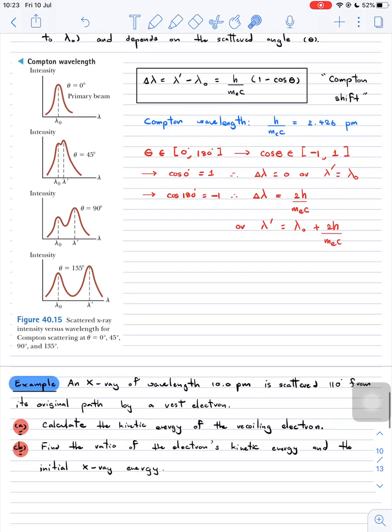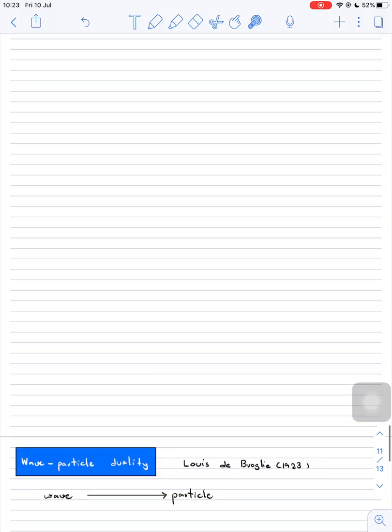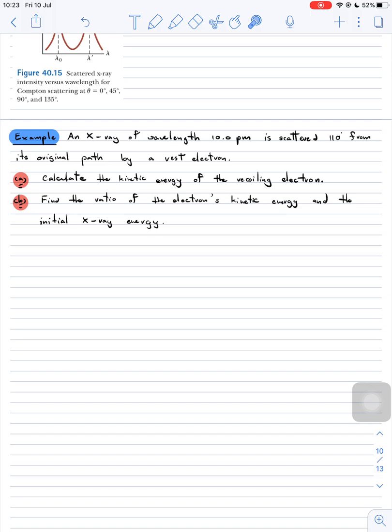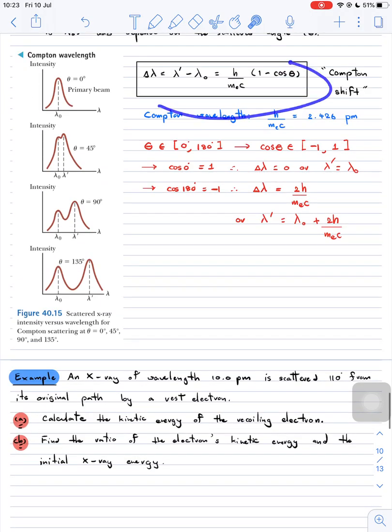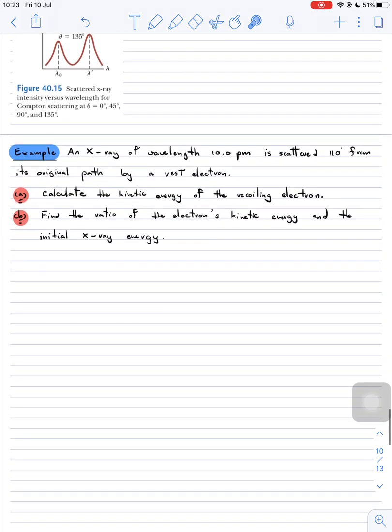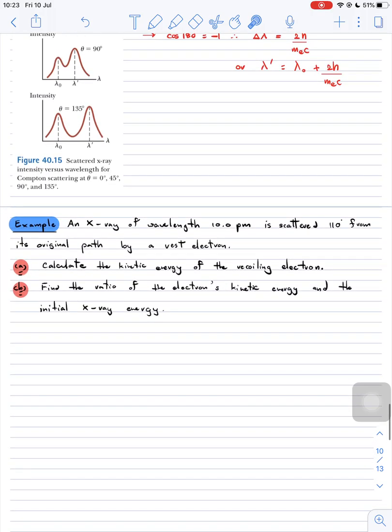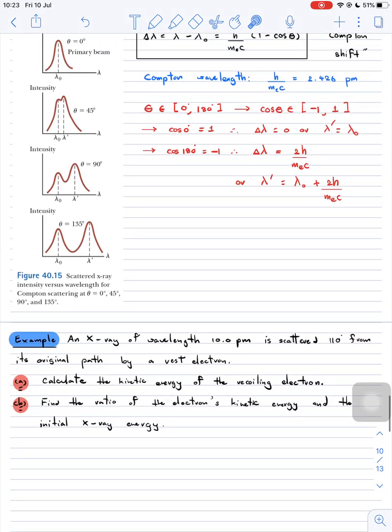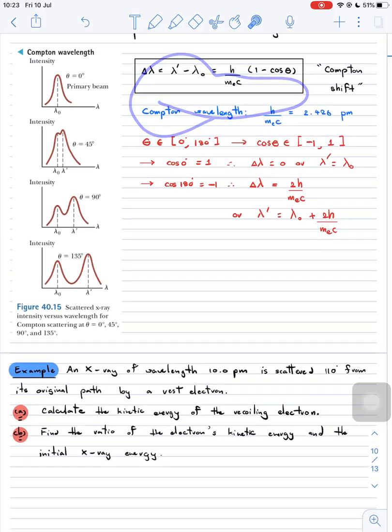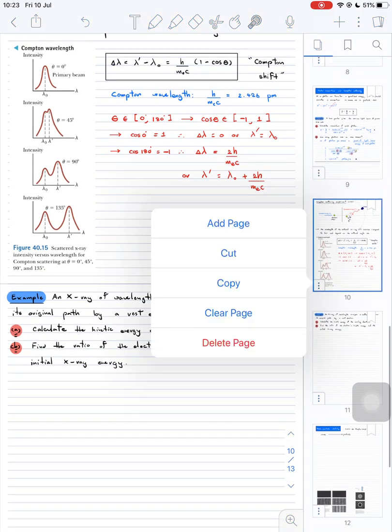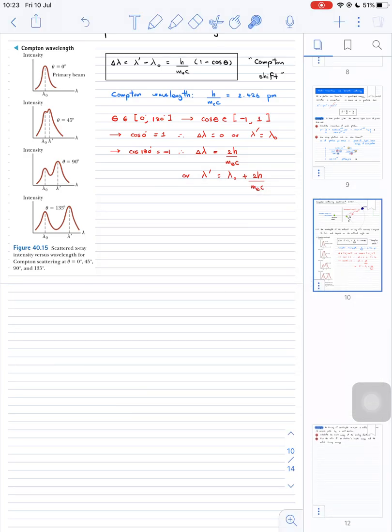So let's look at this example before we derive this equation. No, actually we should work on this one first. So I need to add a page.